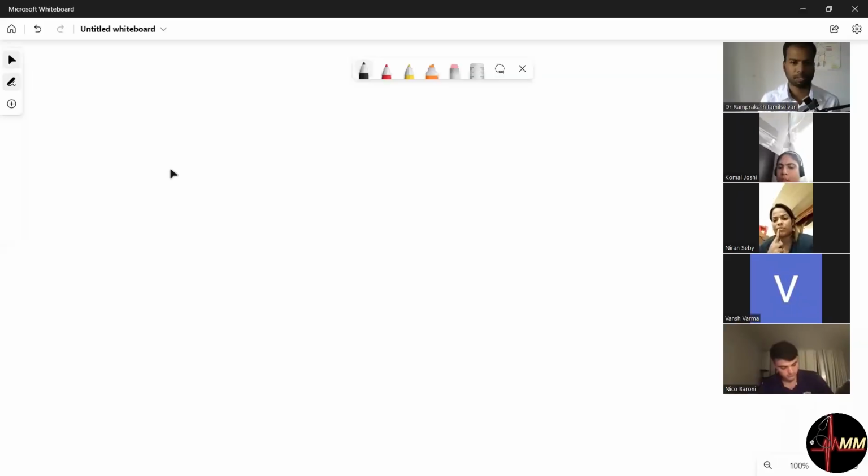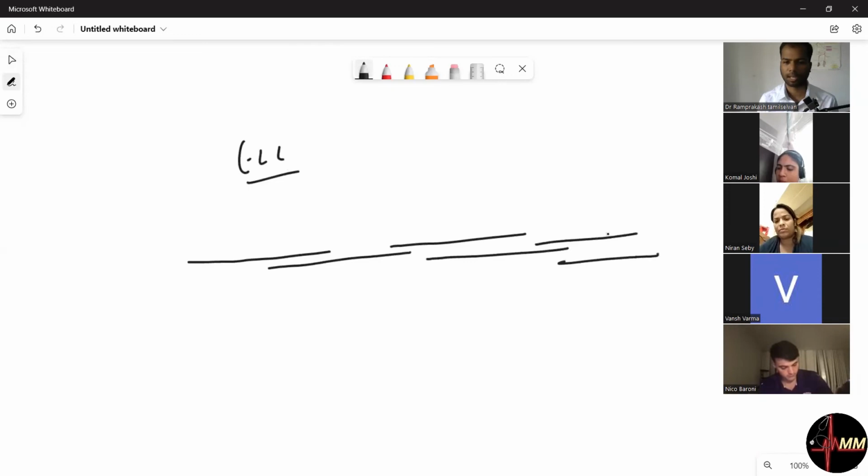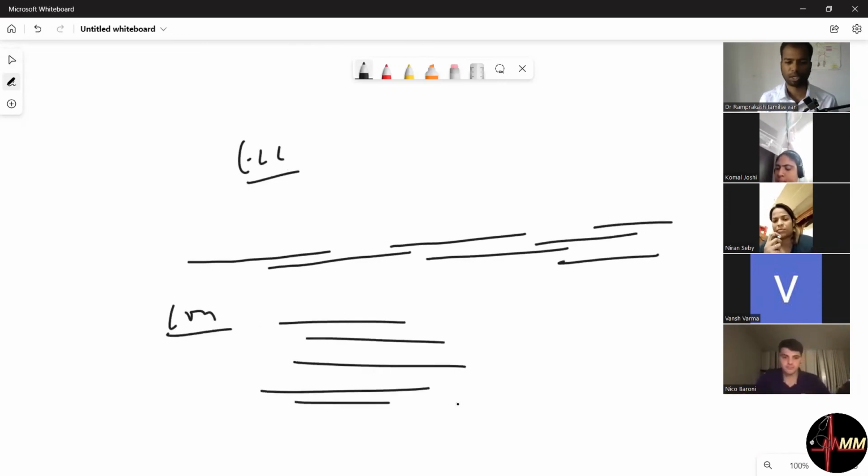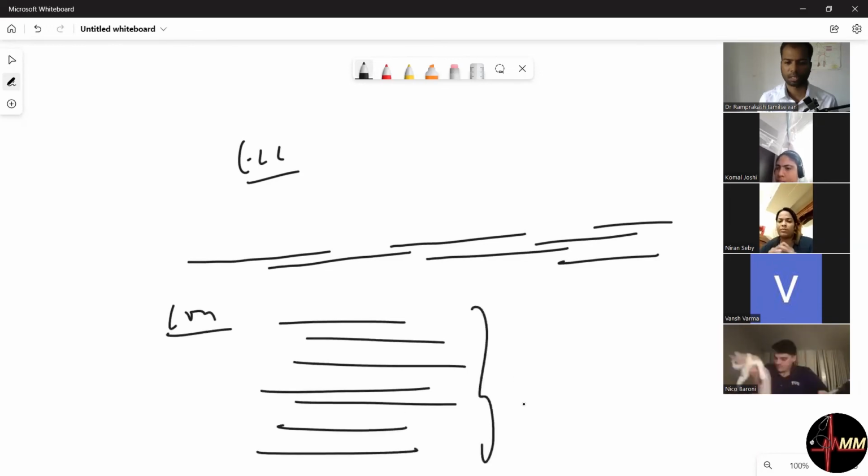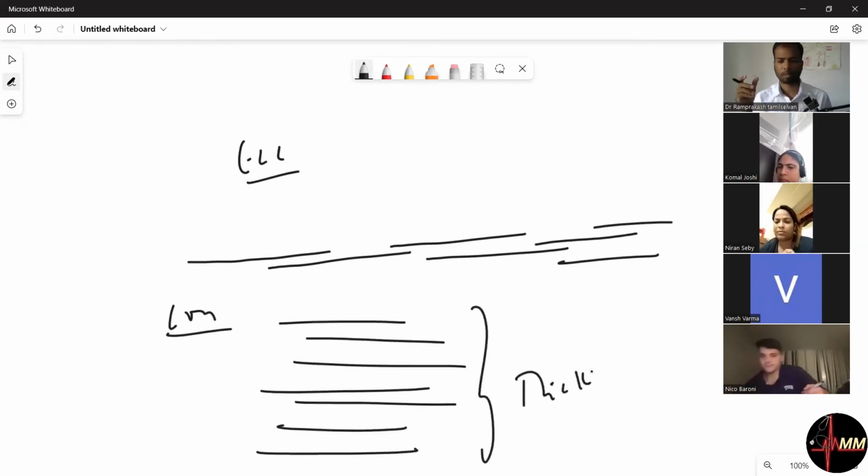Let me explain that. Fine. So, for example, eccentric hypertrophy means the sarcomeres are going to be added in series like this. Fine. Concentric hypertrophy means the sarcomeres are going to be added like this. So this results in thick muscle wall. This results in thick muscle wall.